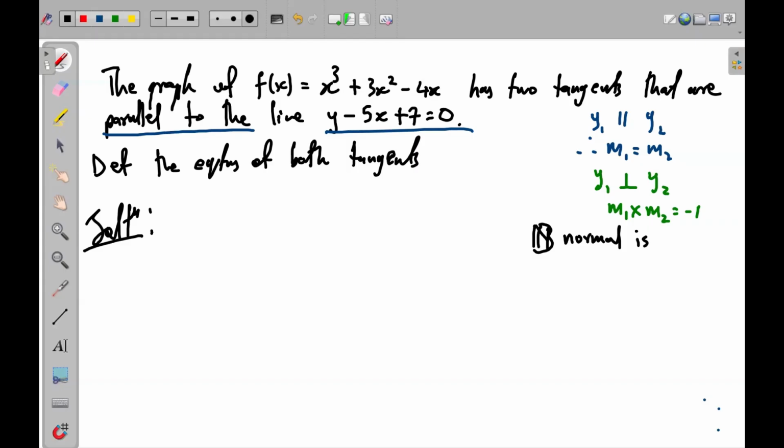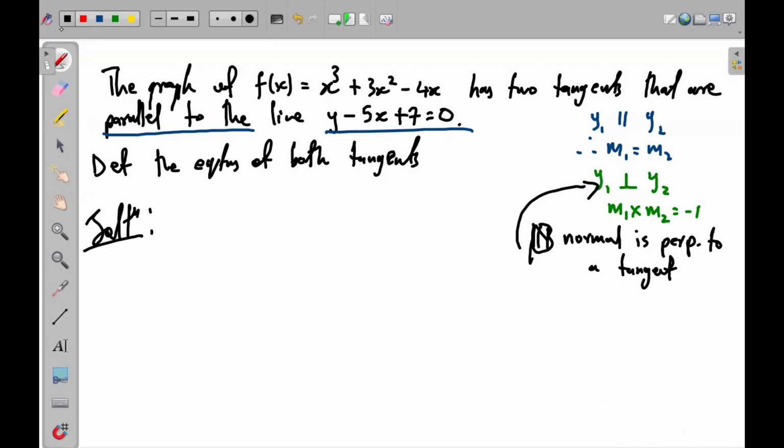In case you come across that word, a normal is a line that is perpendicular to a tangent. Please beware of that, which means if they tell you that there is a line which is a normal to a tangent, then you must note that relationship in green, okay?